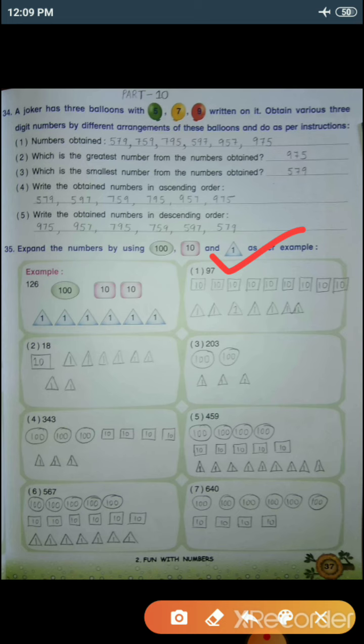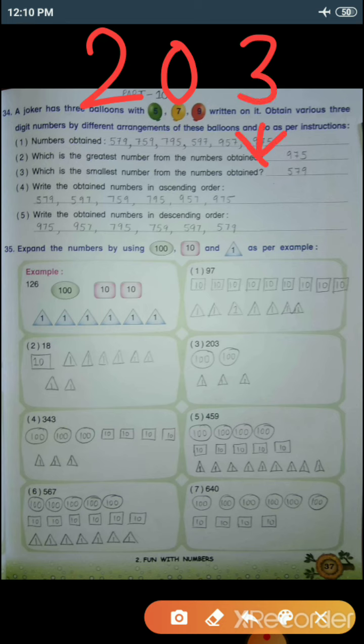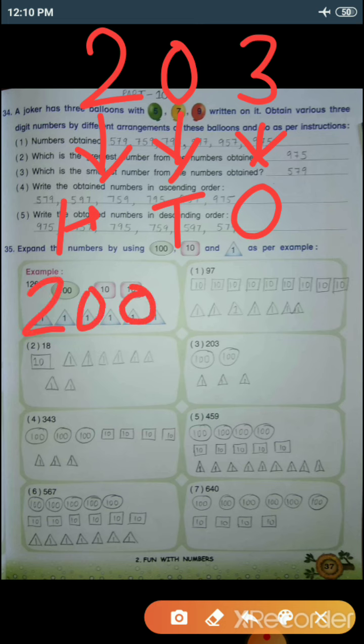Let's take the next example, 203. The place value of 3 is ones place, 0 is on tens place, and 2 is on hundreds place. That means the value of 2 is 200. So I will write 100 how many times? 2 times.